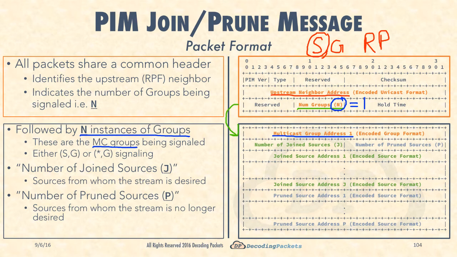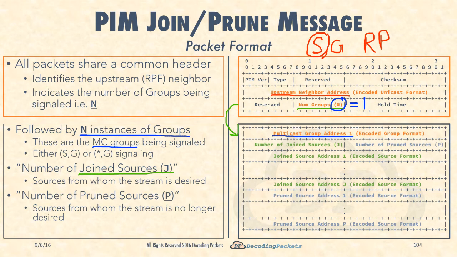So when we talk about the information, what are we talking about? For that particular group, the router that is sending the join prune message is either going to join a number of sources. It could join one source or it could join 10. Once again, that's where the scalability comes in, and that number is populated here.